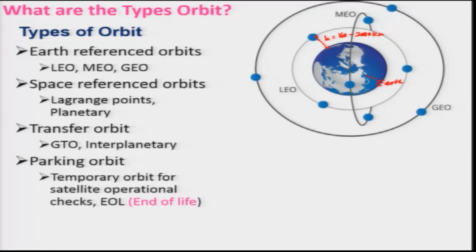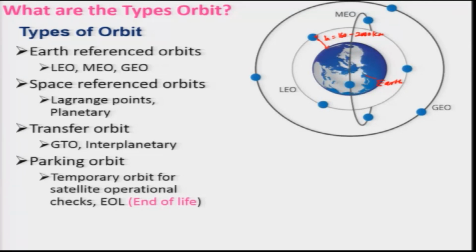But it also has disadvantages, because it moves at a higher orbital velocity, and the bandwidth also will be low, and it has low communication latency, so these are the problems.